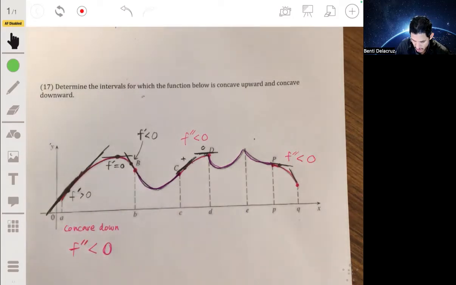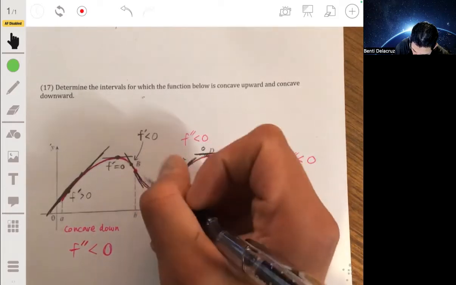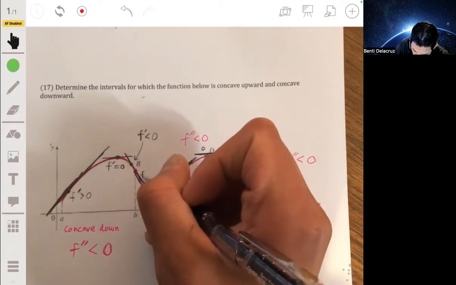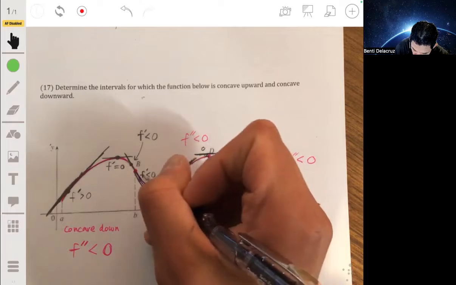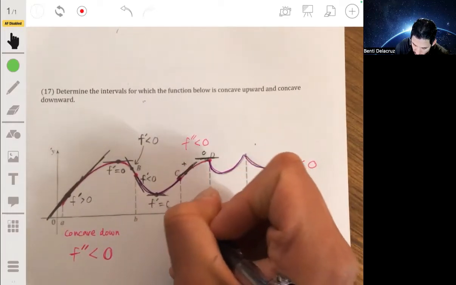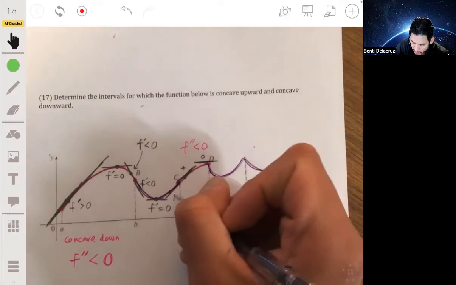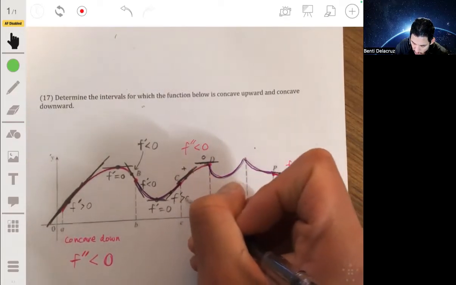Because we drew a tangent line over here, and the first derivative here is negative. The first derivative is less than 0 here. But over here, the first derivative is 0. It's horizontal about. And then even over here, it's positive. First derivative is above 0.